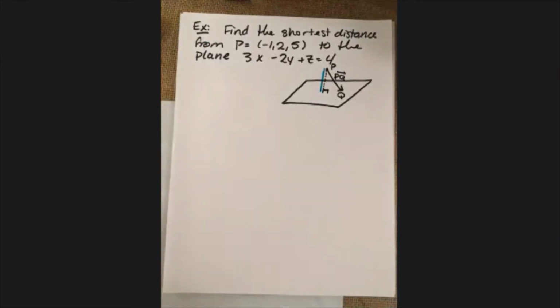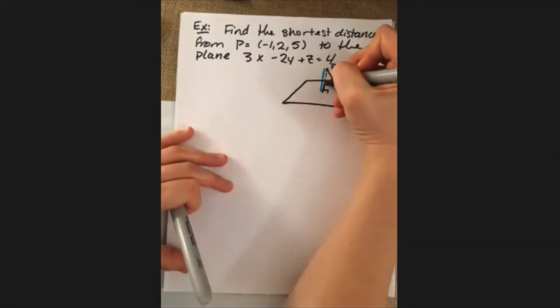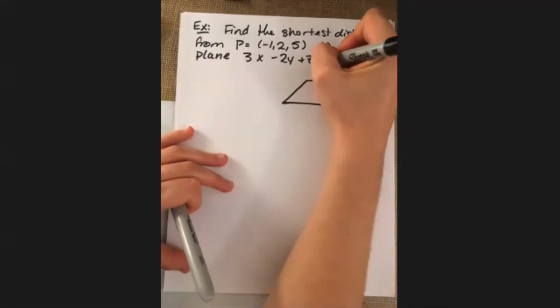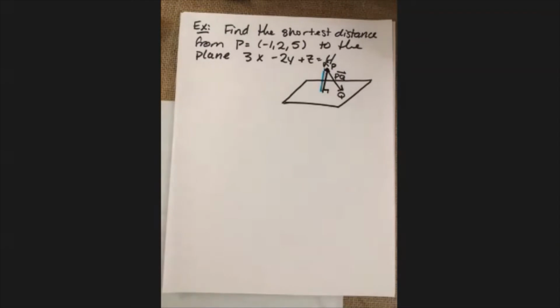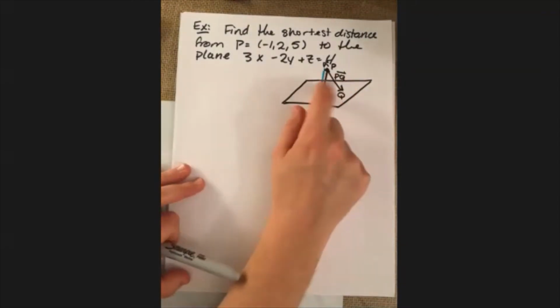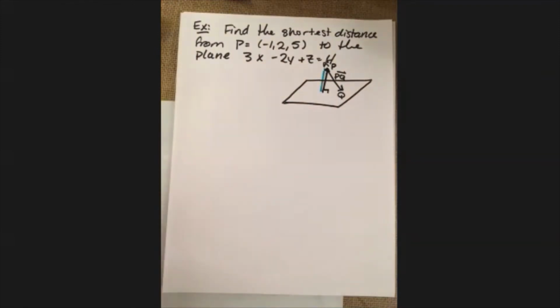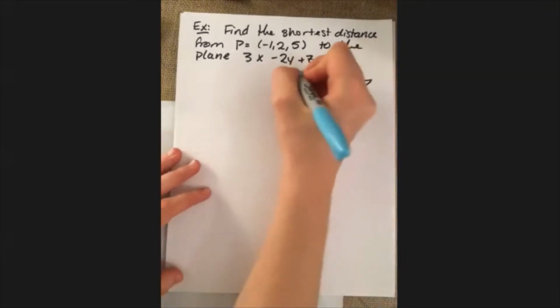Incidentally, that's going to be your normal vector. We can't just use the normal vector because it may not be the right length, but the projection of PQ onto that normal vector is the right length. And since we only care about the length, this is a case in which we want the scalar projection as opposed to the vector projection.